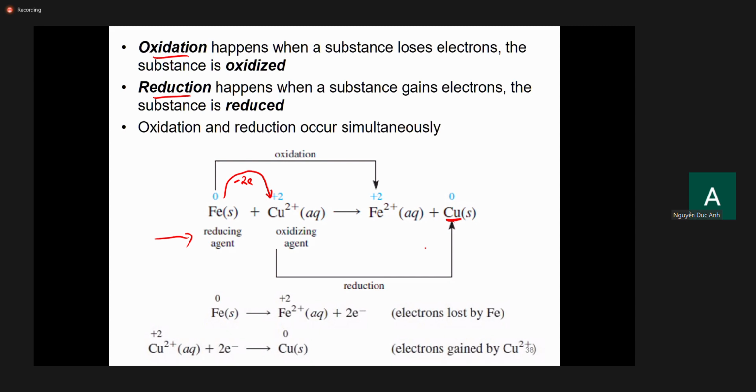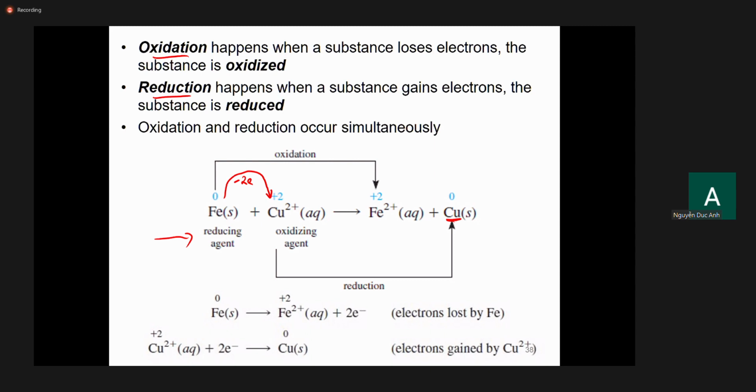This process is called reduction. The copper 2+ involved in the reduction process is named the oxidizing agent. Be careful, because oxidation is a process and the reducing agent is the substance involved in that process. It's a little bit different, and I hope you will not be too confused about that.